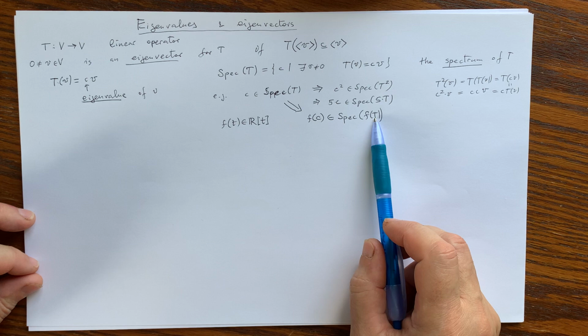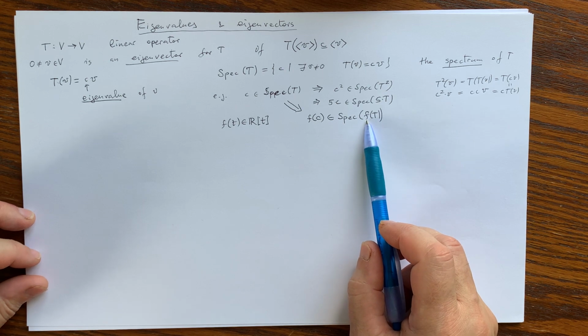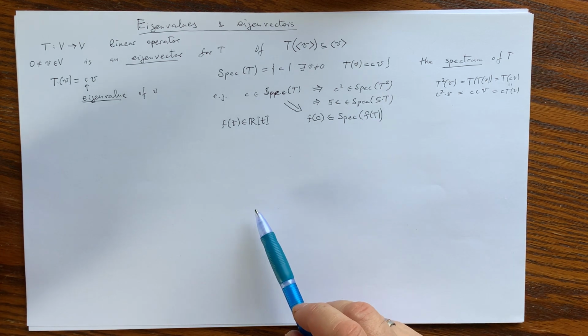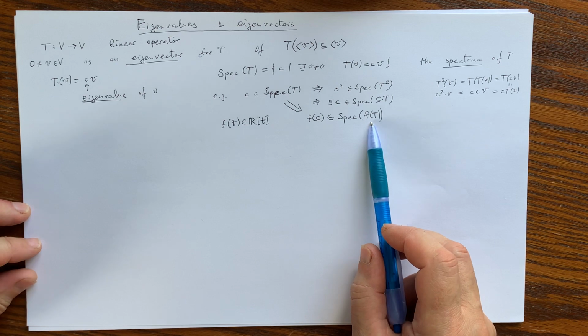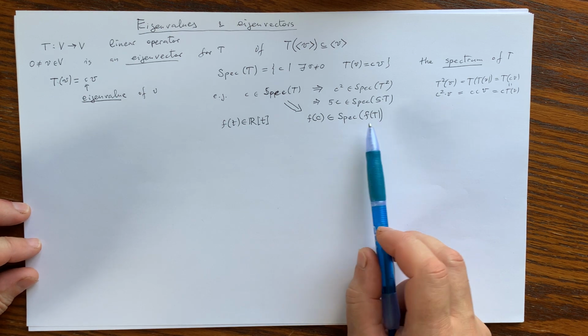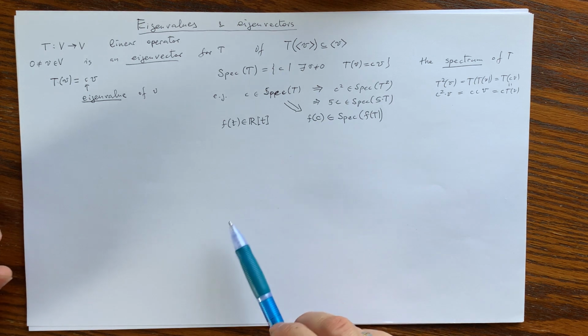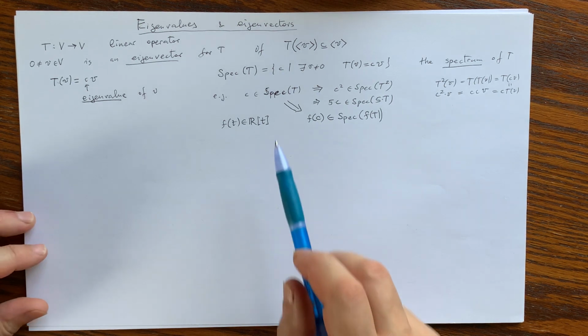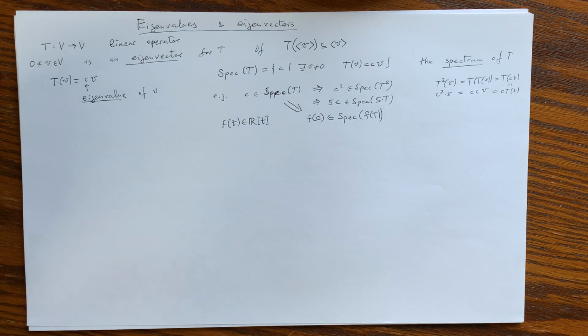Compute some powers of T, multiply them by coefficients of f, take the sum of those monomials, and that will be a new operator, and then we can look at its eigenvalues, and f of c will be one of them. So that is a generic statement which is very convenient for computations.